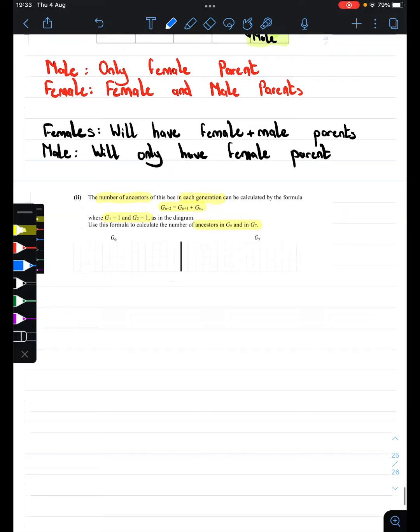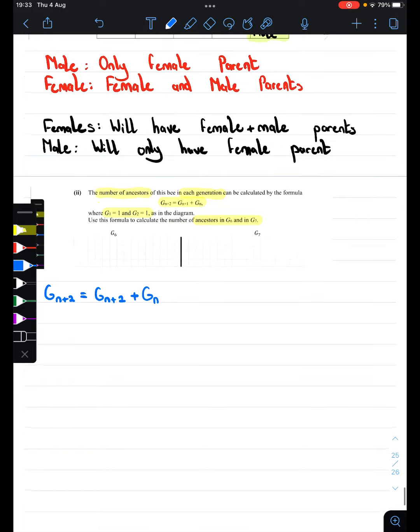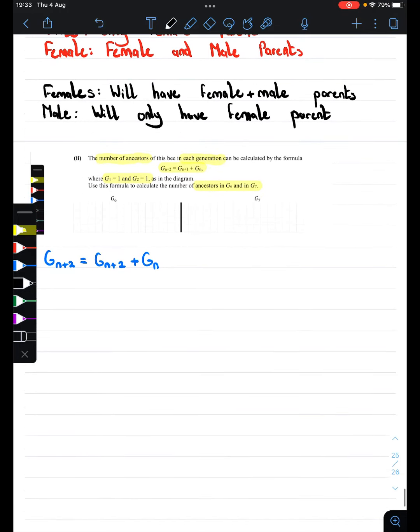Okay, so let's write the formula that they've given us. G(n+2) equals G(n+1) plus G(n). Let's start writing down the values of each G(n). So G1 equals 1, G2 equals 1.